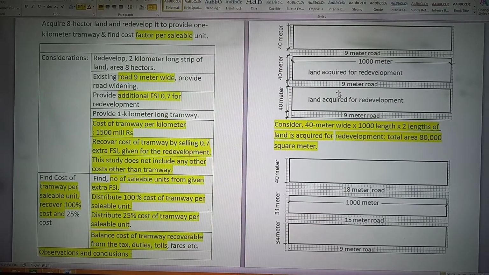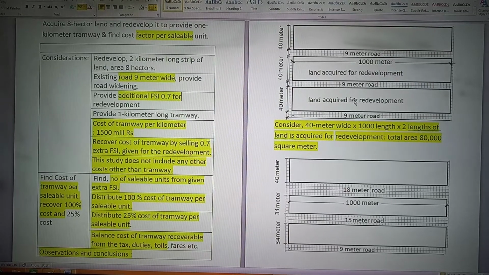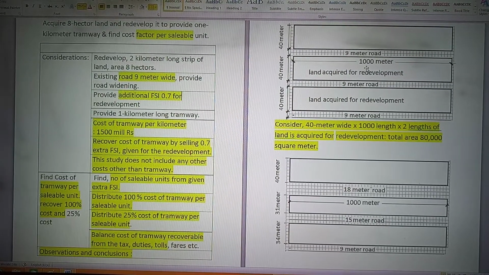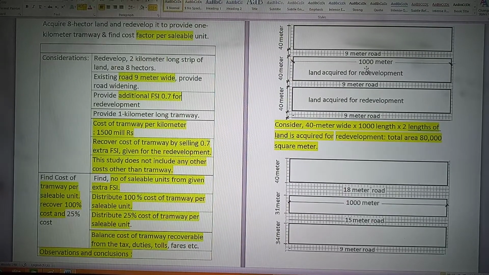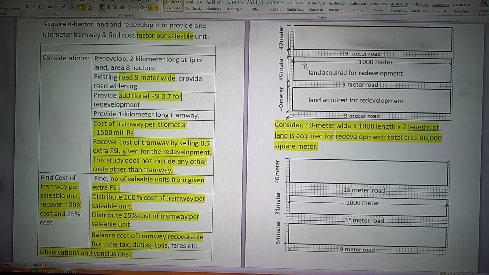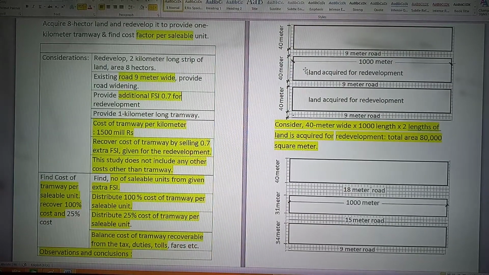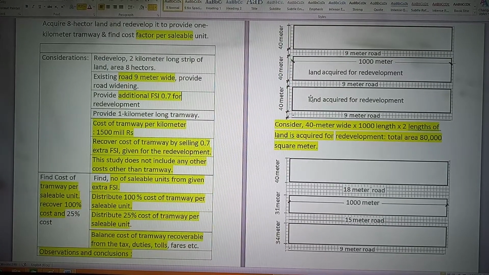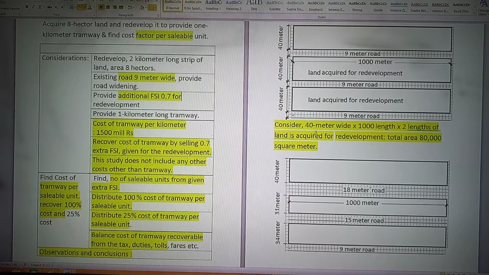Now, let us begin by studying this diagram. Hypothetically, we have got about 1000 meter long and 40 meter wide land. The two lands have a total area of 80,000 square meters.